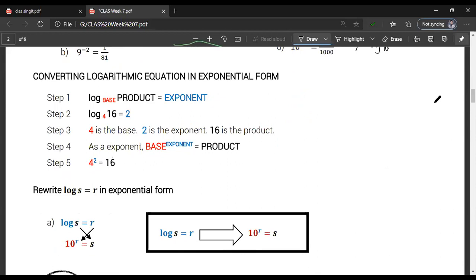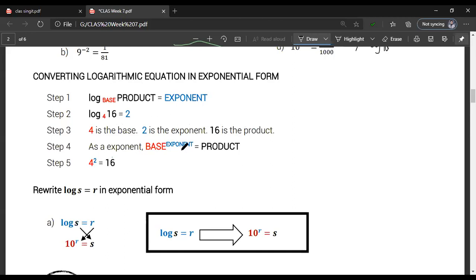Now po, converting logarithmic equation in exponential form. Step 1, we have logarithm of the product to the base equals exponent. So the logarithm of 16 to the base 4 equals 2. So 4 is the base, 2 is the exponent, and 16 is the product.